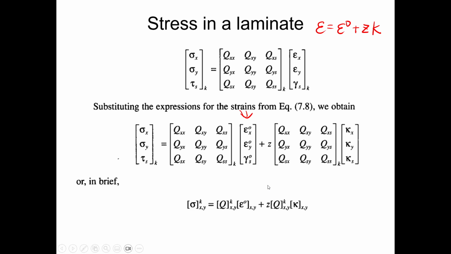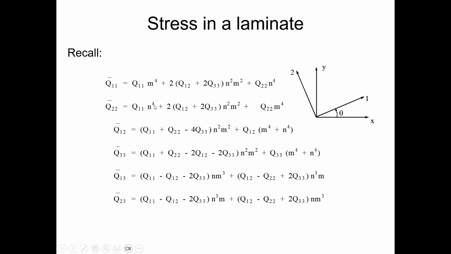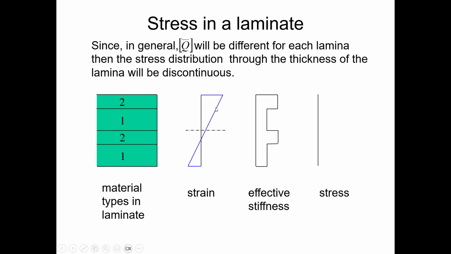Okay, and now let's move on. Recall we have this stiffness matrix component can be expressed by the Q11 and the m and n. This is the transformation matrix component. In general, the reduced stiffness matrix will be different for each lamina.